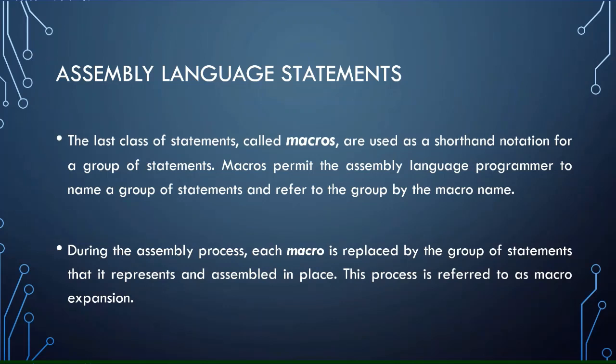Whenever you call the function, the full code runs and gives you the result or output. Here, exactly the same. If you want to run that group of code, you just need to call the macro, because the macro is related to a group of statements.